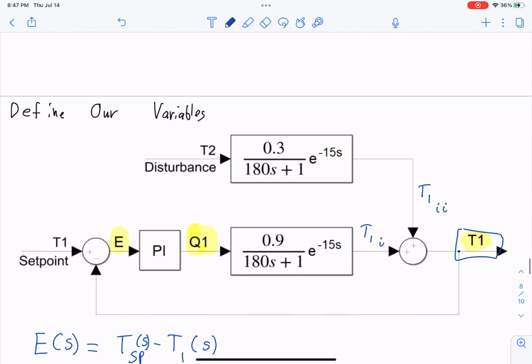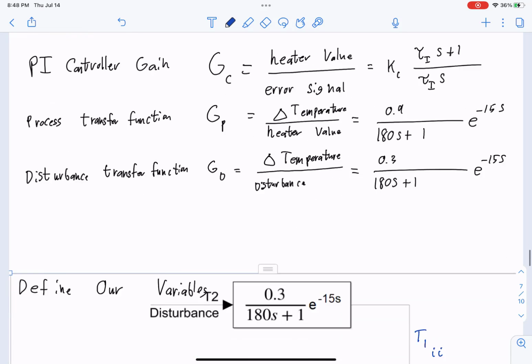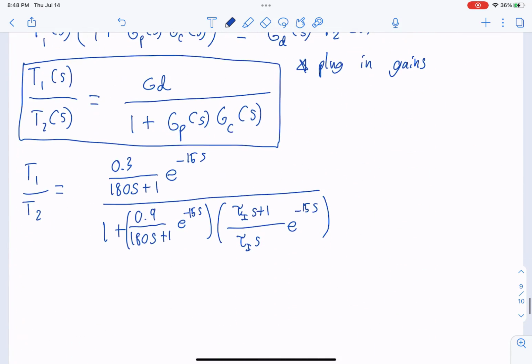Nope, no 15s, but there's a Kc. Okay, now this can look a little bit intimidating.